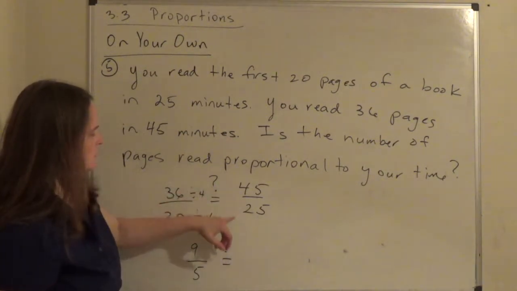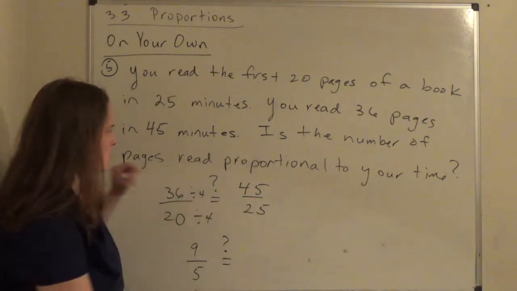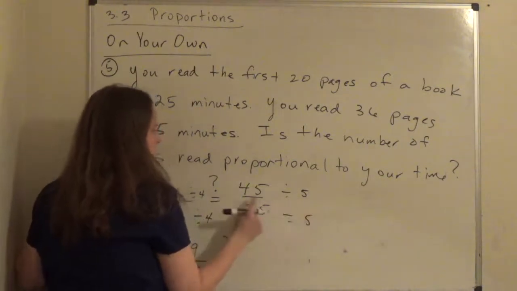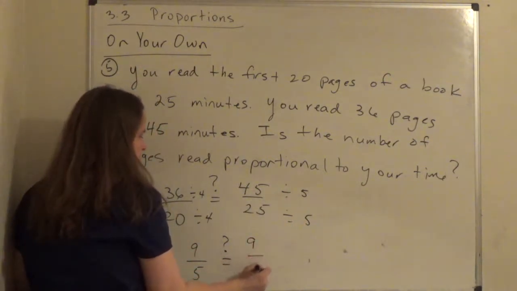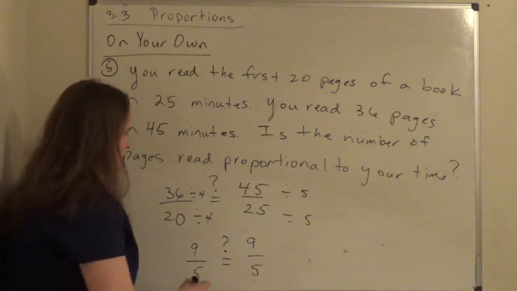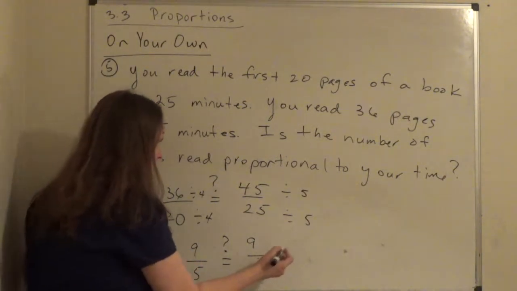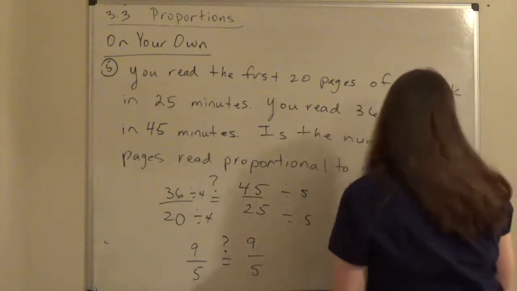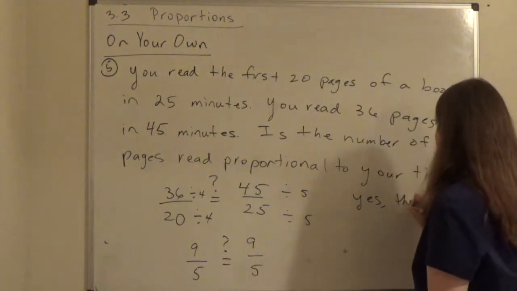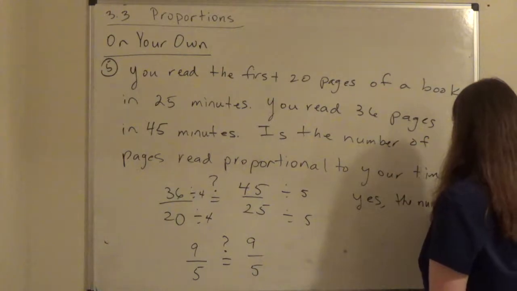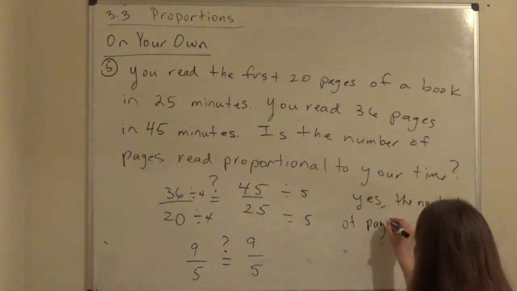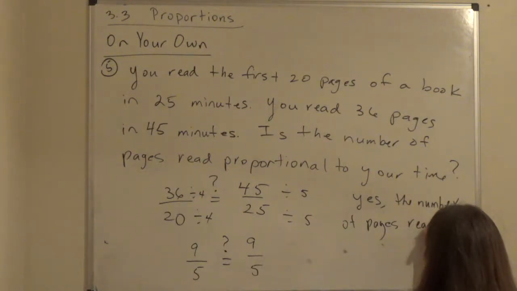Over here, these are both divisible by 5. So that gives me 9 to 5 as well. So they're the same thing. So yes, they're equal. So we'll say yes, the pages read is proportional to time.